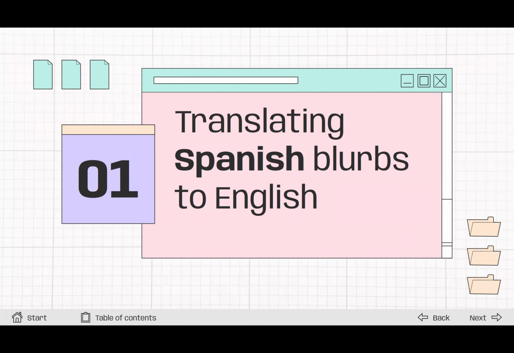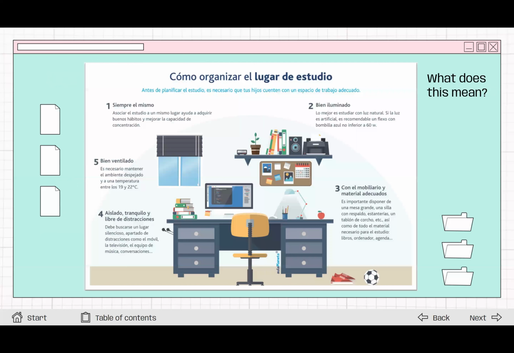So for this first part, like Isha said, we are translating Spanish blurbs to English. So for this diagram, we were given it from our teacher, and it's basically a breakdown of what the ideal study space for our students is.